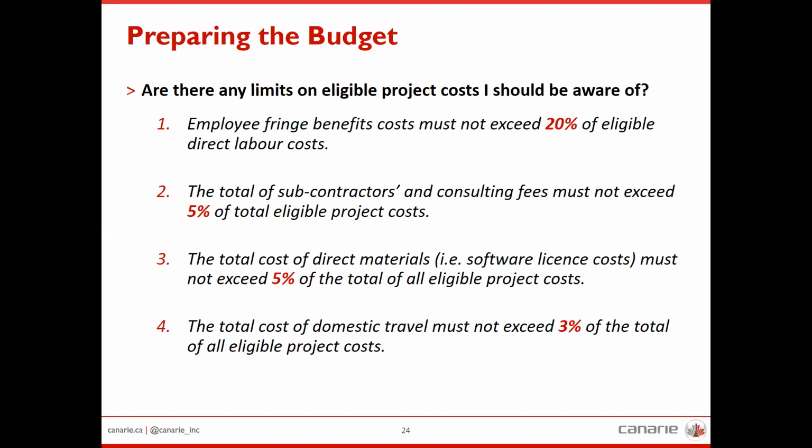The total cost of your direct materials must not exceed 5% of your total project costs. And your total cost of domestic travel must not exceed 3% of your eligible project costs. In our budget template, when you fill it out, it will warn you if you go over these percentages as well.